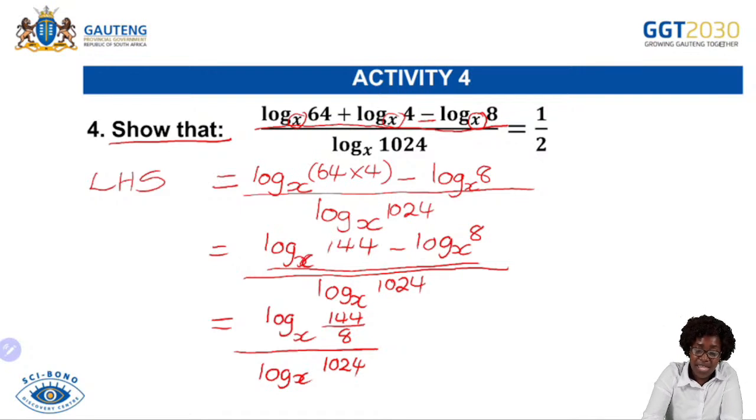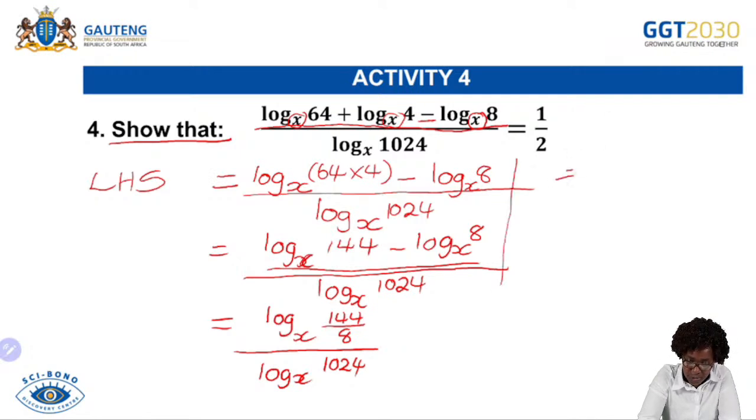Now if we simplify this on the calculator again, 144 divided by 8, I hope you are following it with me, grade 11s. Now because of space I'm going to move on to the right hand side, grade 11s.